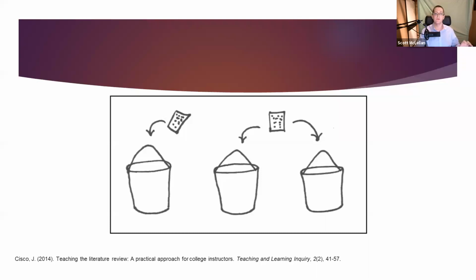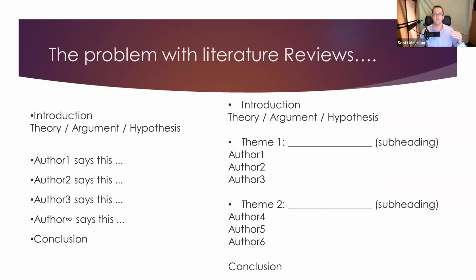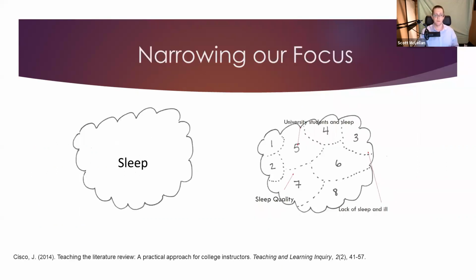And what they're going to do is put the information in the different buckets and really organize their literature review under subheadings. This makes it a bit easier for them as well. They can start organizing the themes in their mind about what their paper is about and what they're focusing on for their literature review. So I found this paper by Cisco quite useful, and it's worth having a look at.